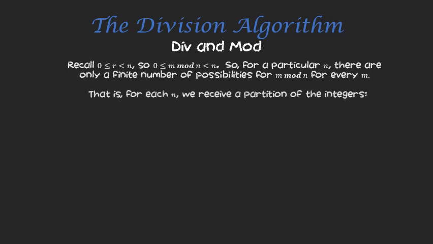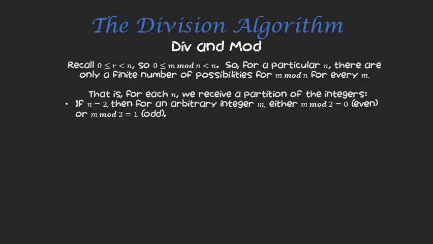And so what that means is that actually for each n, we receive a partition of the integers. So what do I mean by this? So for example, if n is 2, then if I look at any integer mod 2, it can either be 0, in which case it's even, it's divisible by 2, or 1, in which case it's odd, it's 1 more than a multiple of 2. So this partitioning of the integers into the evens and the odds is a specific kind of the partition I'm talking about.